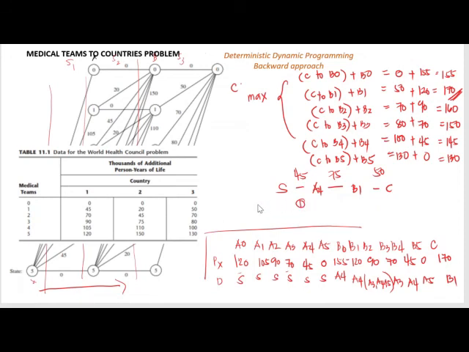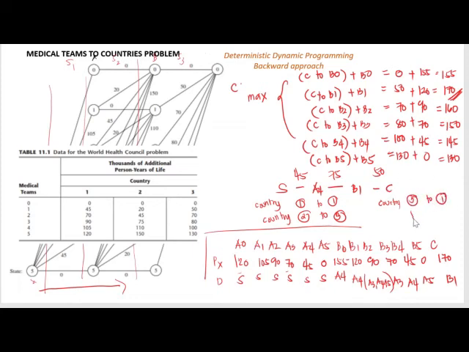And lastly, the 50 is medical team 1 as well, so country 3 to 1 as well.